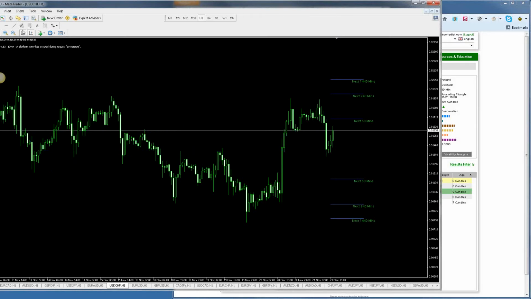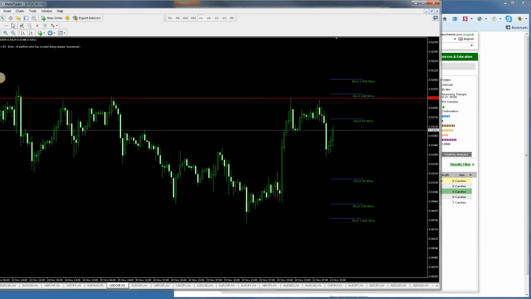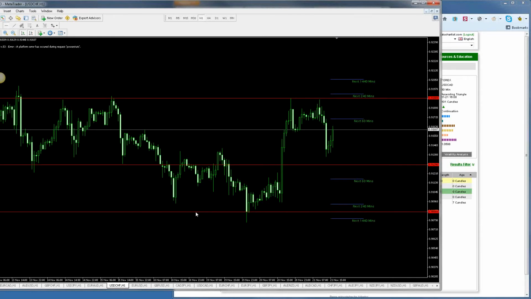Let's say I come to this chart. Now I want to draw my support and resistance lines. Again, there's a lot of information on Google about this, so I'm not going to go into it too much, but just generally how I would look at my areas. I'm not looking at the VA, the volatility analysis, yet. I'm just drawing my lines.